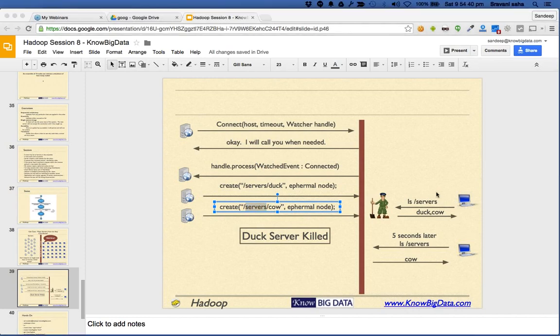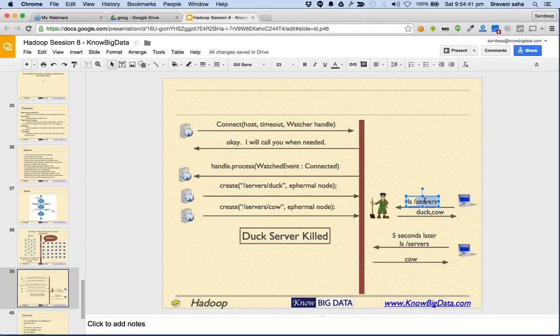Now whenever the user comes up and says, give me all the nodes under the server, it gives out duck and cow. Okay, now after some time, let's say duck is killed, this particular server is killed, and then the client comes up, can you give me all the children nodes of slash server? It gives only the cow.